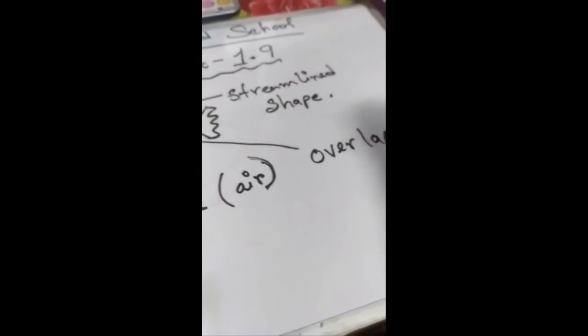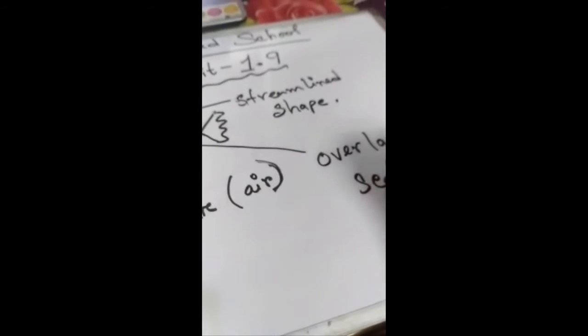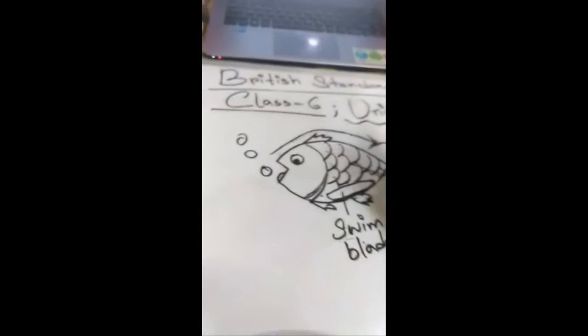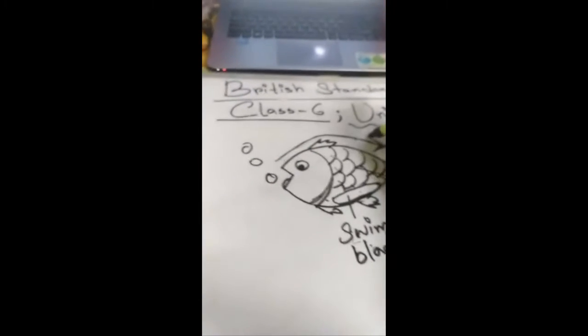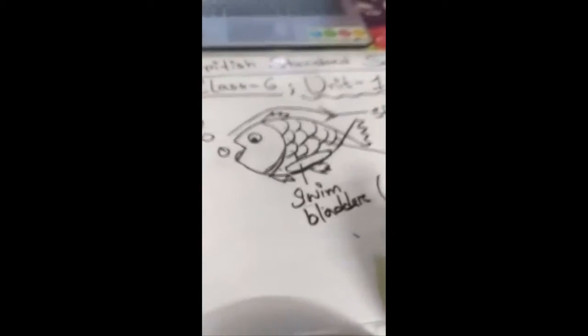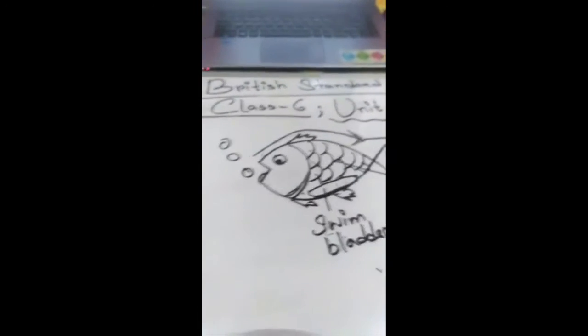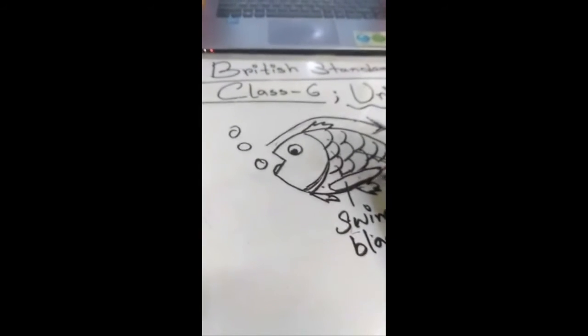We never imagine a fish like this before, right? So as we are in class 6 now, these are the important things that we need to know about a fish: streamlined body shape, the swim bladder, and the overlapping scales. Okay, a beautiful fish. Very good.